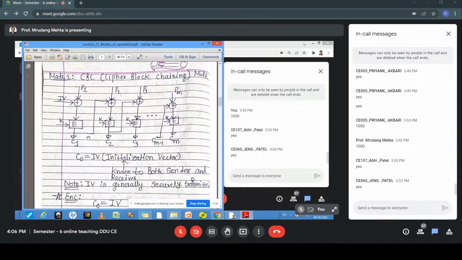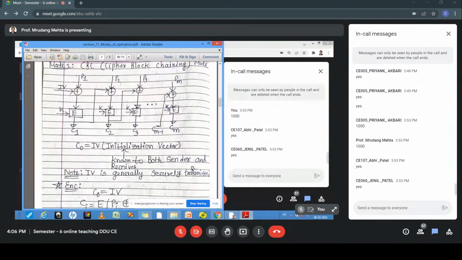Now this ciphertext block is given here as an initialization vector to P2 for performing the XOR operation. So we have C0, which is the initial vector, and this is supposed to be known by both sender and receiver. It is actually transmitted secretly, so we have to ensure that the transmission of this initial vector is secure.